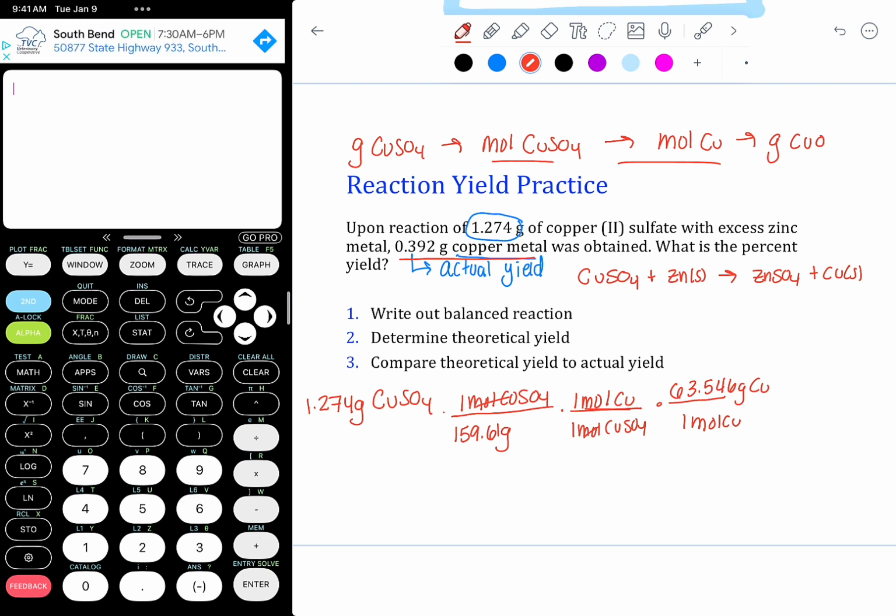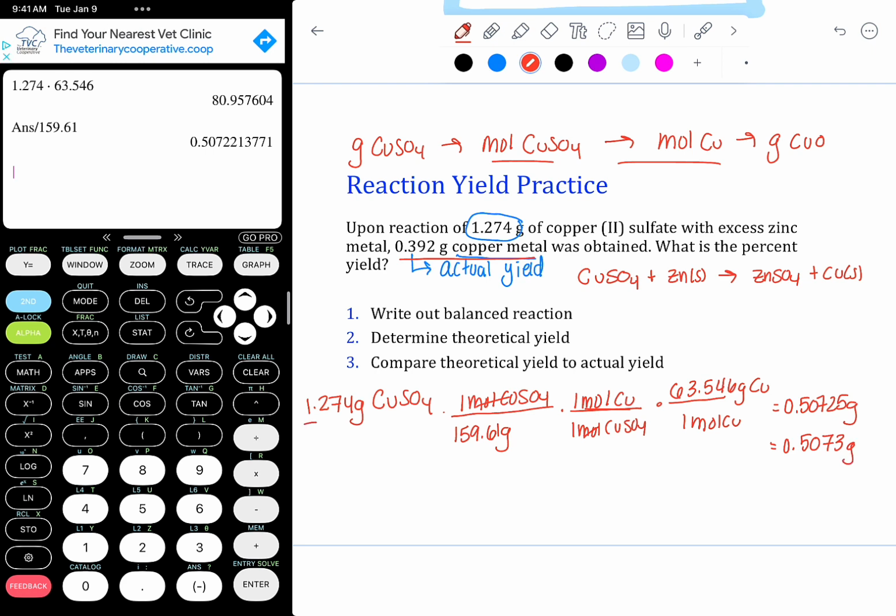So let's do that out. 1.274 times the 63.546, divide that by 159.61, and we get out 0.50725 grams, which with sig figs is 0.5073 grams.